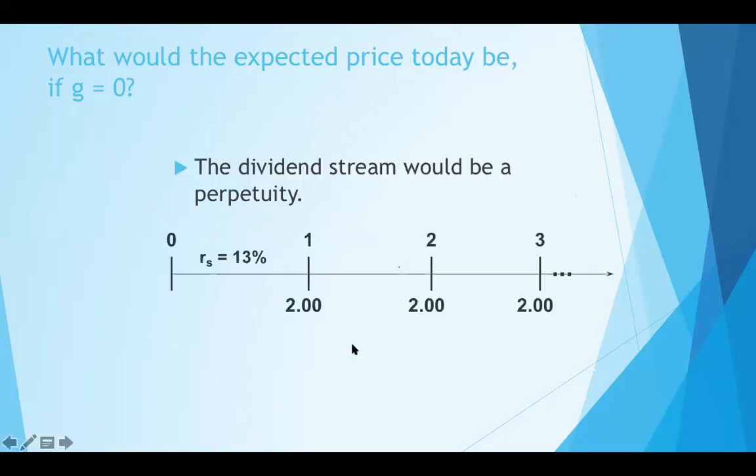then you will have the same dividend until forever. So it looks like a perpetuity, isn't it? So the payment divided by the required return, Rs minus g, 0.13 minus 0, is equal to 0.13.